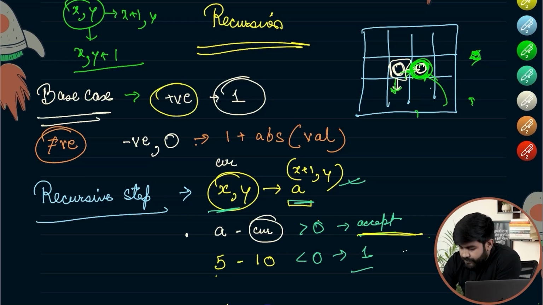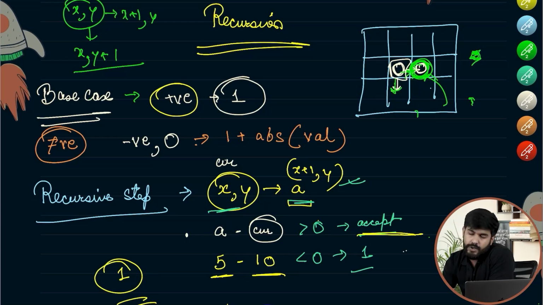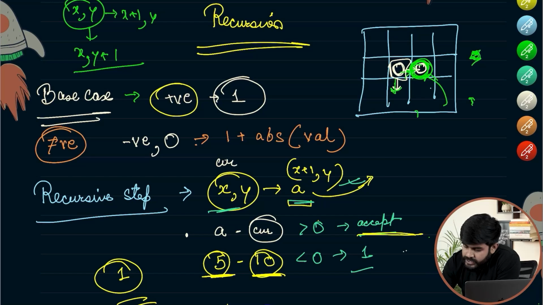If the required health is 5 and I already have 10, then I need no more health, just a value 1, so that I don't have a 0 value. That is why I cunningly just subtracted the current value from the right hand side. Now we would do the same thing for x comma y plus 1.